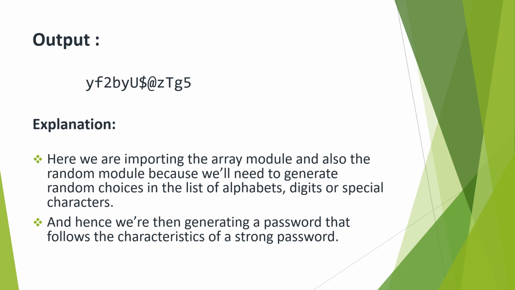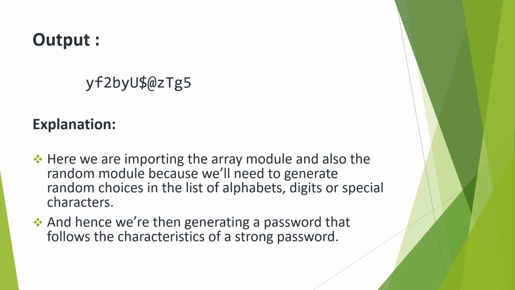So here we import the array module, and I'm going to explain this. This is the explanation of all that I have explained till now, mentioned in these slides. Here we are importing the array module and also the random module, because we will need to generate random choices. I told you it will generate a random password, so people cannot think of it.